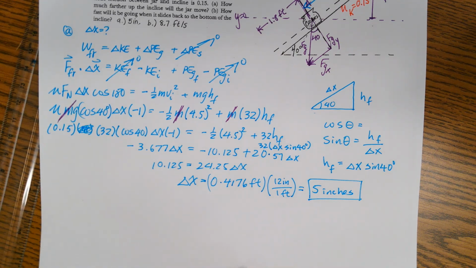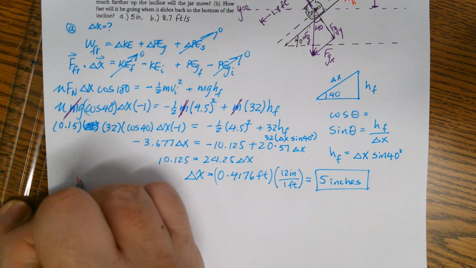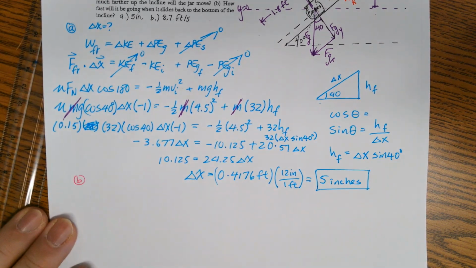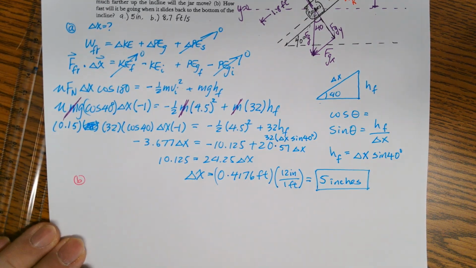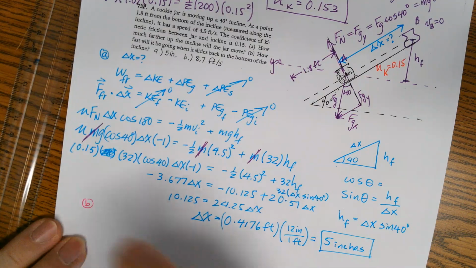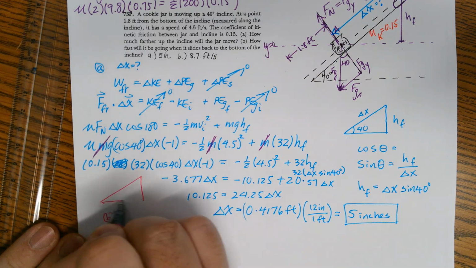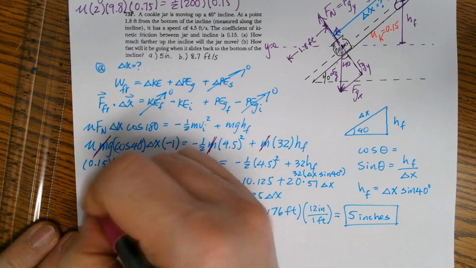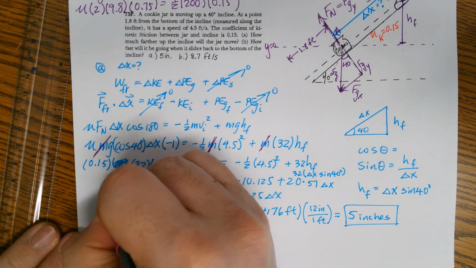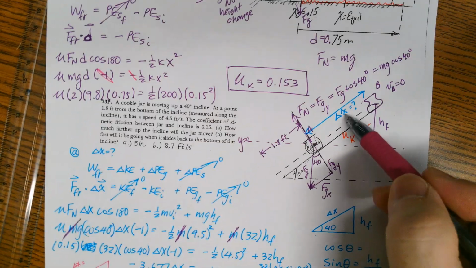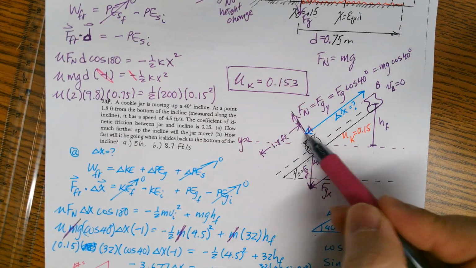All right. So what about part B? Part B asks, how fast will it be going when it slides back to the bottom? So when it slides back to the bottom, now my delta x is equal to this delta x plus this delta x.